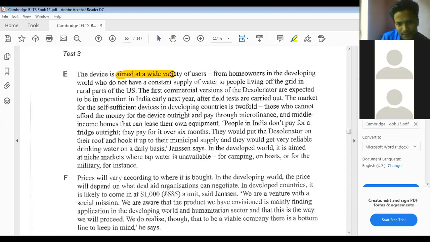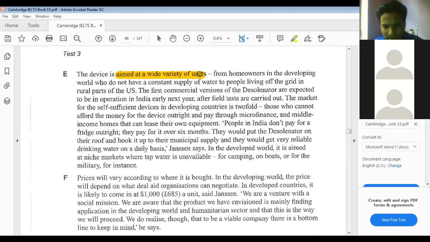Yes, it is proposed from homeowners in the developing world who do not have a constant supply of water to people living off grid in rural parts in the US. The first commercial versions of the desalinator are expected to be in operation in India early next year.